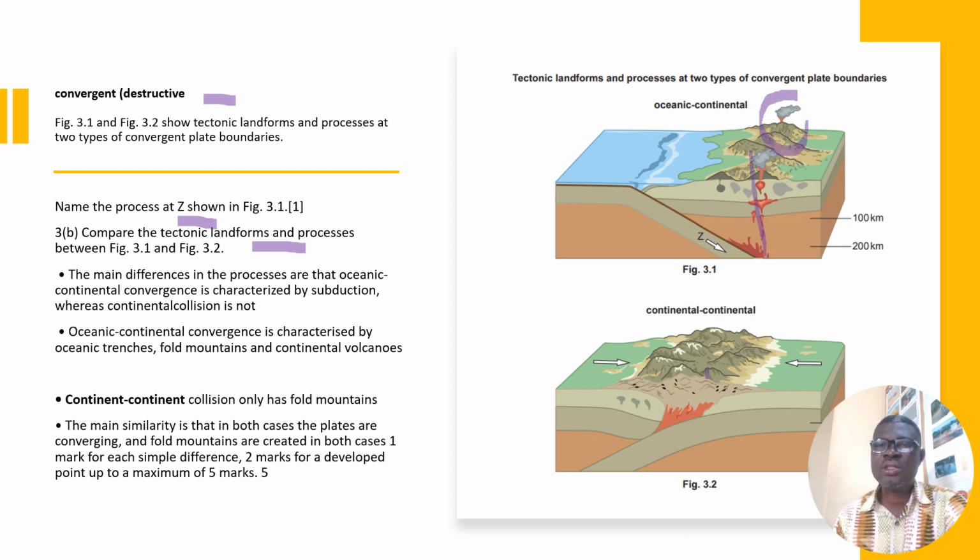Have you seen a volcano here? There's no volcano here, but there is a fold mountain here. So oceanic continental. You have seen what's happening. Continental, continental. Do you see continental, continental? Giving us what?